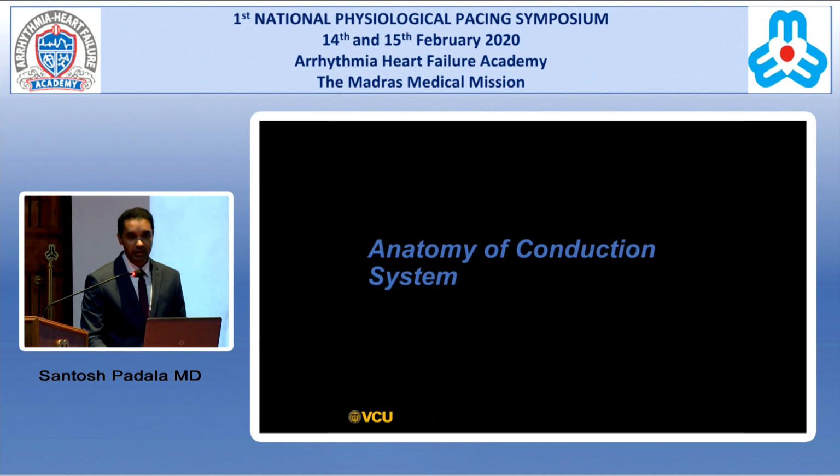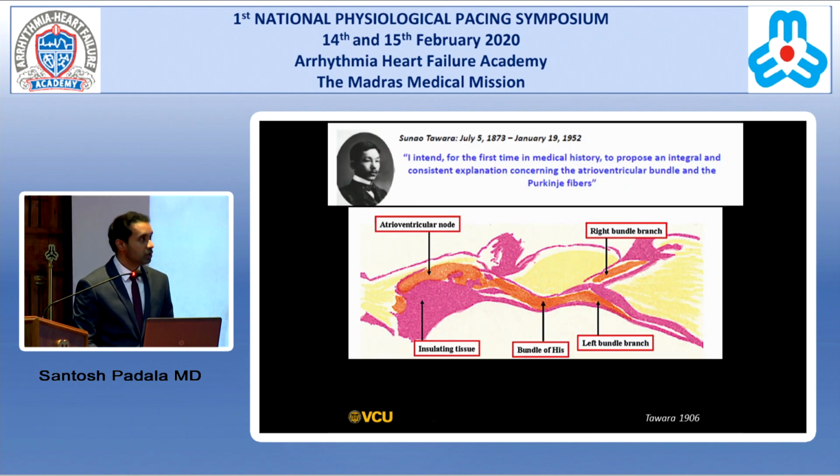So I'm going to talk about the anatomy and physiology of conduction system today. Back in the 19th century, there was a huge debate as to whether the cardiac impulse propagation happens either via the myocytes or the nerves.